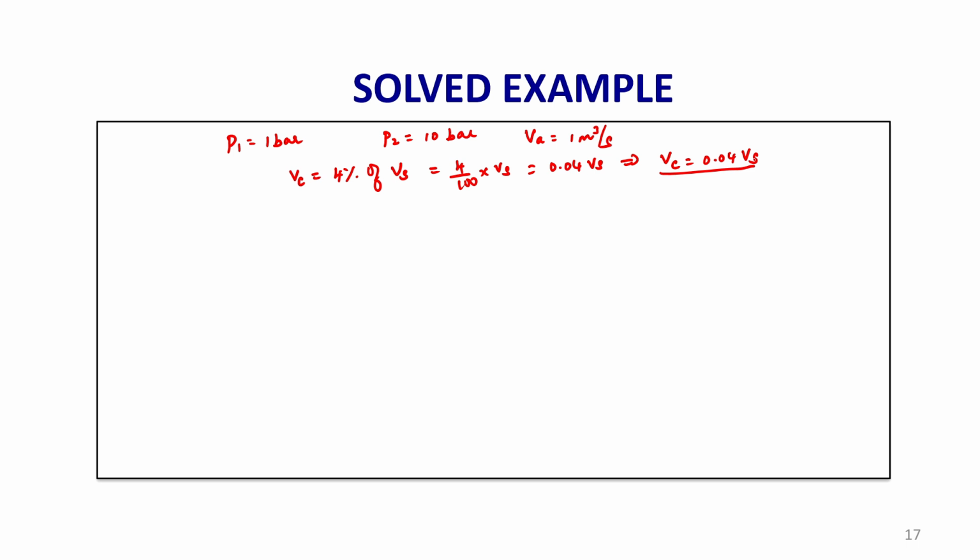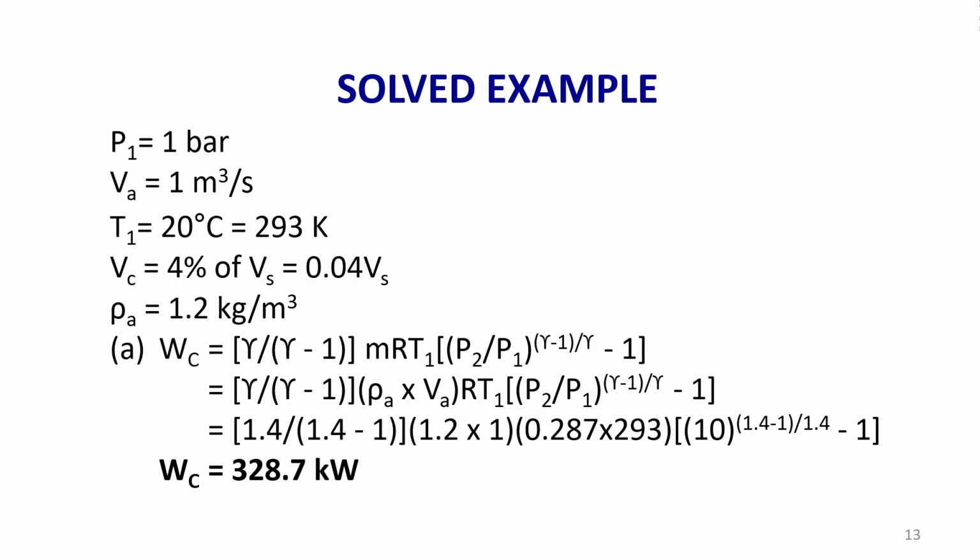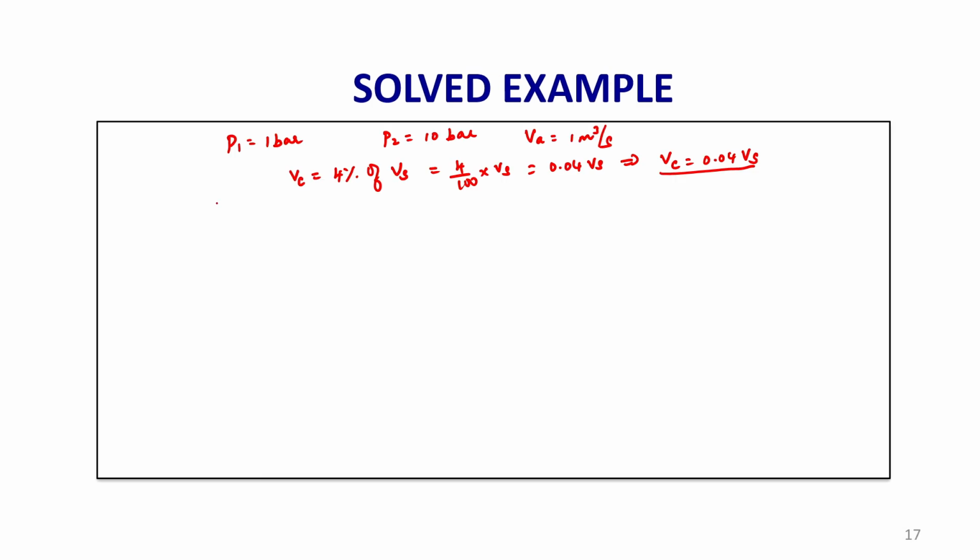This is also given. Density of air is given as 1.2 kg per meter cube. Volumetric flow rate is given, that is for 1 second, 1 meter cube of air.